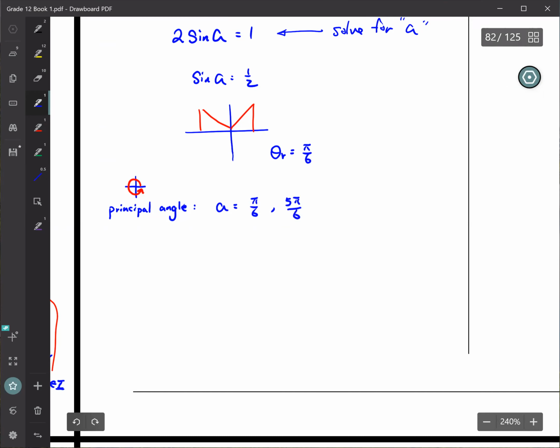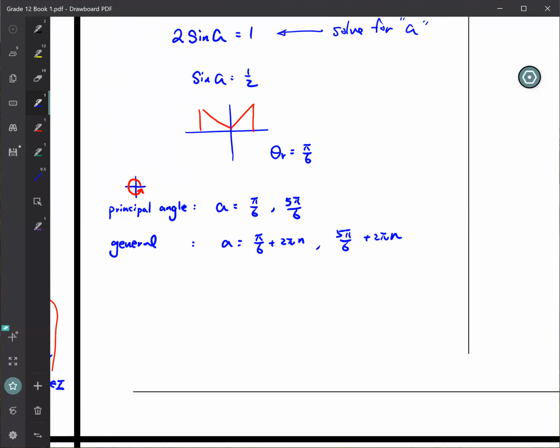And then we are going to get the general solution for a. This one doesn't have straight lines, so we would need 2 of them. The other one will be 5 pi over 6 plus 2 pi n.